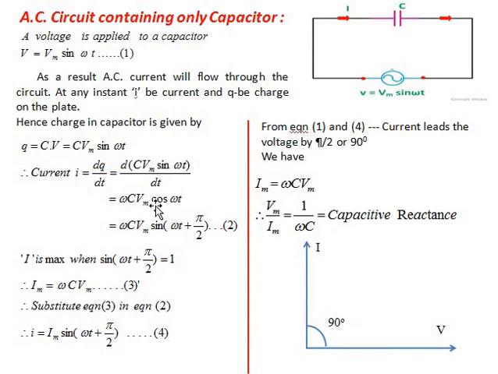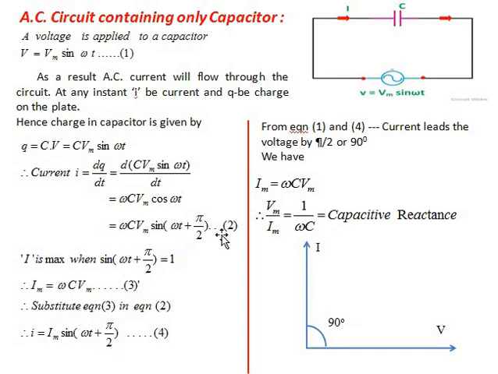Now, how to convert this cos omega t into sine? So, omega C Vm sin of (omega t plus pi by 2), that is 90 degrees, is equal to cos omega t. Call this equation number 2.